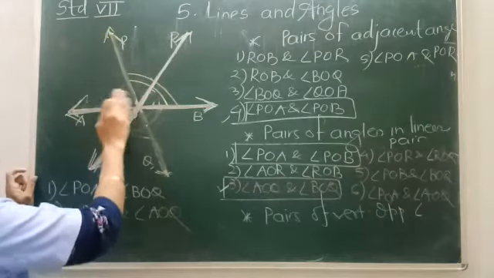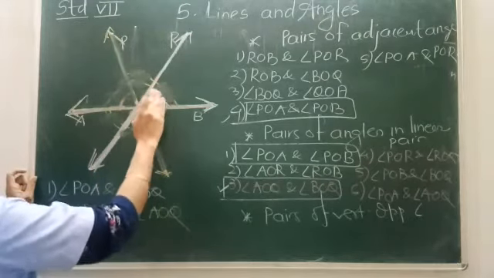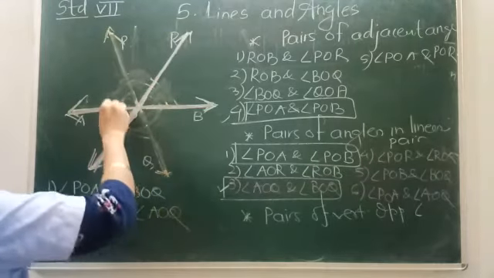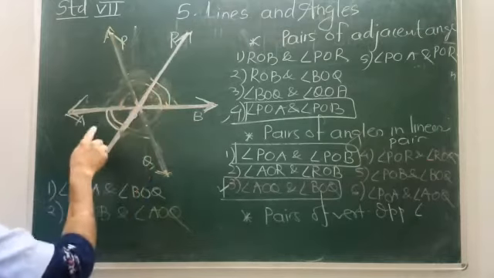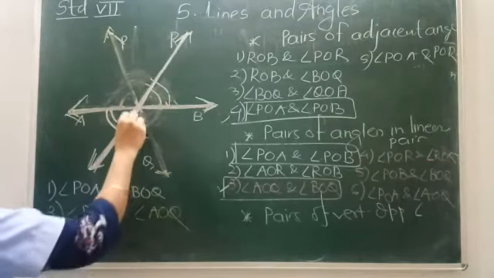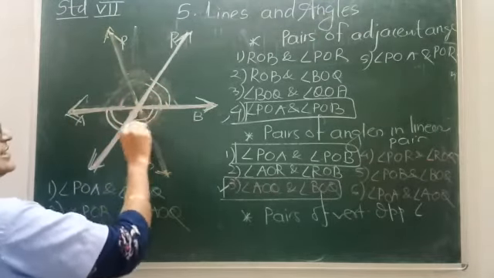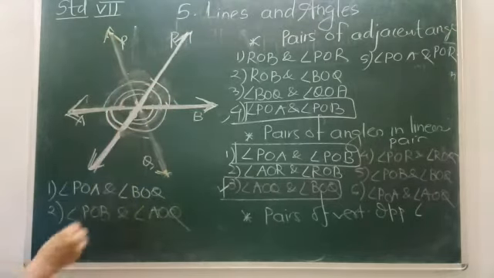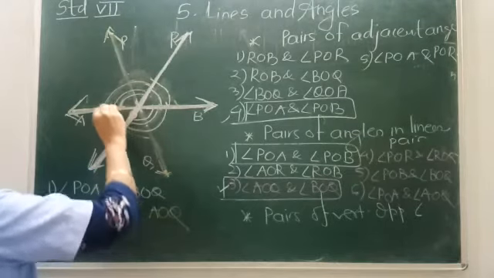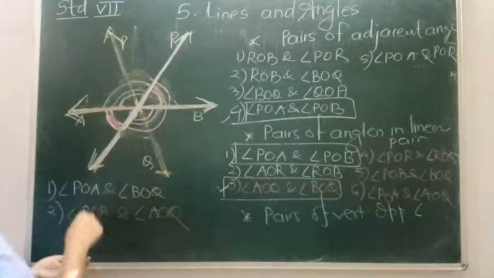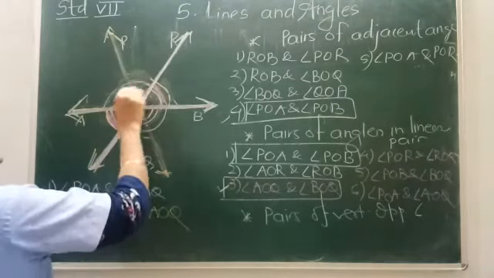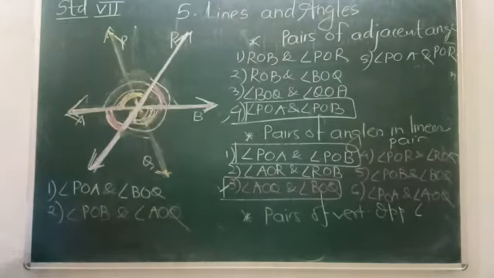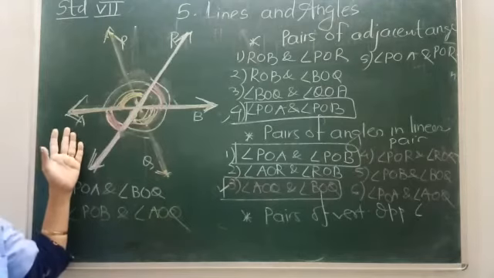In the earlier figure it was not possible, now I have changed the figure. So I can say this angle and this angle are vertically opposite, one pair of vertically opposite angles, and this angle and this angle are another pair of vertically opposite angles. I will use a different color chalk so you will understand it better. Is that clear to you? Everything about this? Okay, thank you.